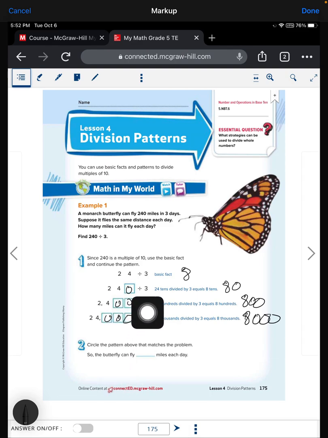So this is the pattern we're concerned about. The butterfly can fly about 80 miles each day.